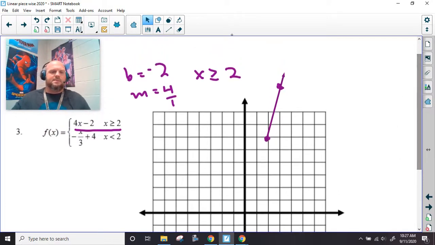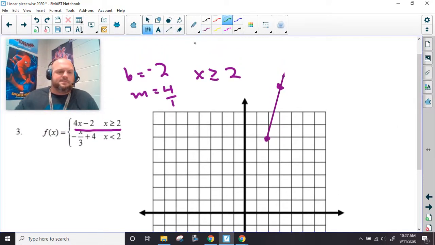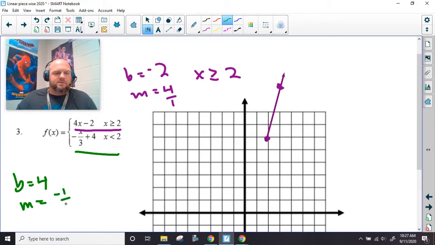All right, now let's look at this one right here. My b is going to be 4, and my m is actually going to be -1/3. I always put the negative on the top. That's just the way I was taught a lot of years ago.